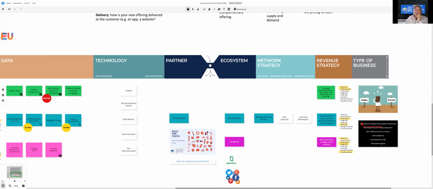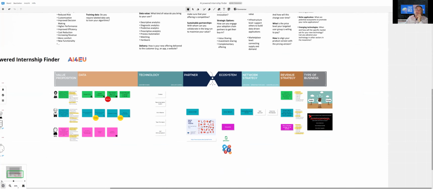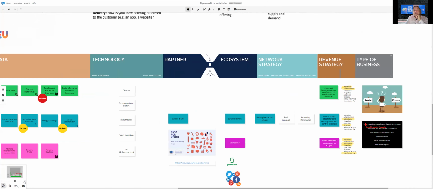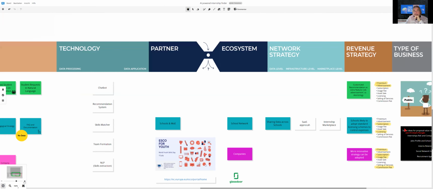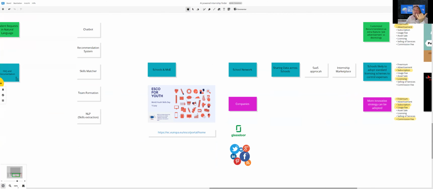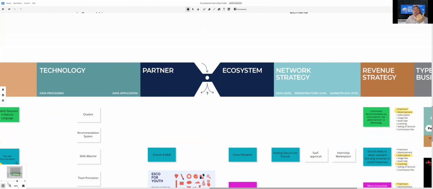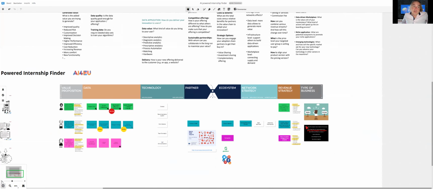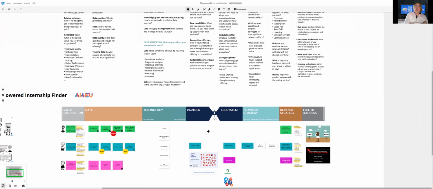Now, thinking about the ecosystem, the network strategy, the revenue strategy type of business, I think this is important, and the link, especially the value proposition with the way you can make the money, but also the network strategy, because you will probably really need a good network strategy to make that happen, to have this kind of internship as a service.